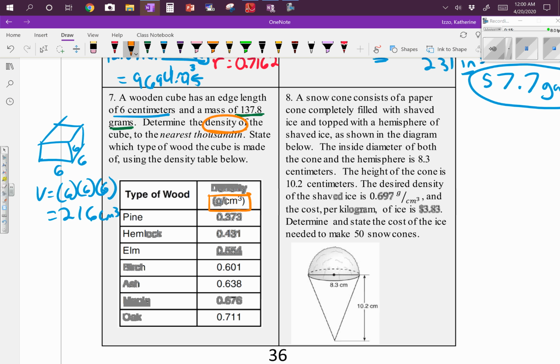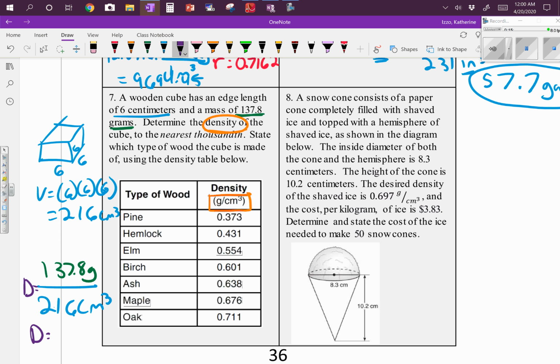So we take 137.8 and divide by 216, and we should get a density of 0.63796. 638 means we're working with ash wood. It's good to know. It's very exciting.